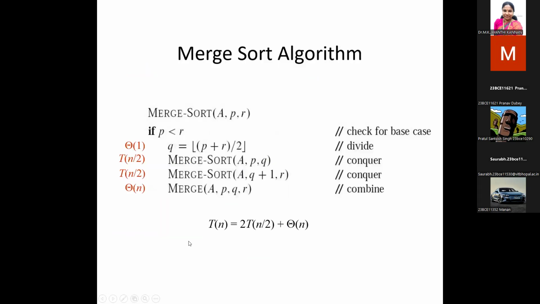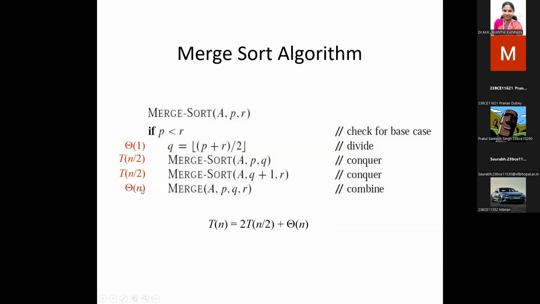Like that, for each and every instruction, we calculate how many iterations we are performing and how much time it takes. Then we calculate how we get this value. For merge sort, the time complexity T(n) for n numbers is 2T(n/2) plus order of n.